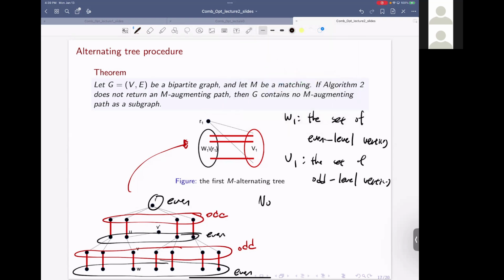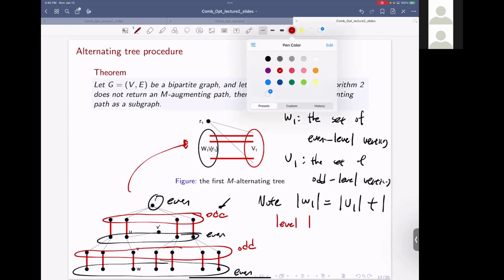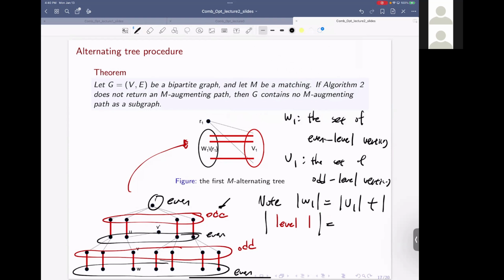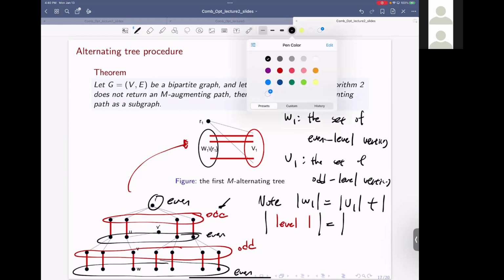Note the size of W1 is 1 larger than the size of V1. This is because the size of level 1 is equal to the size of level 2.